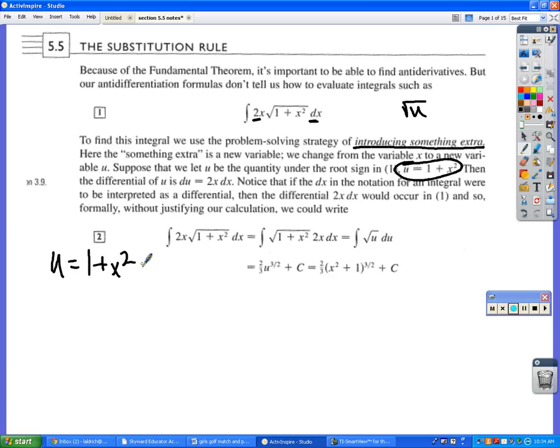Now, if I take the derivative of that, what's the derivative of 1 plus x squared? 2x dx. And conveniently, 2x dx is exactly what we have left. So the square root of 1 plus x squared becomes the square root of u, and the 2x dx becomes du, and now we have a very easy antiderivative.